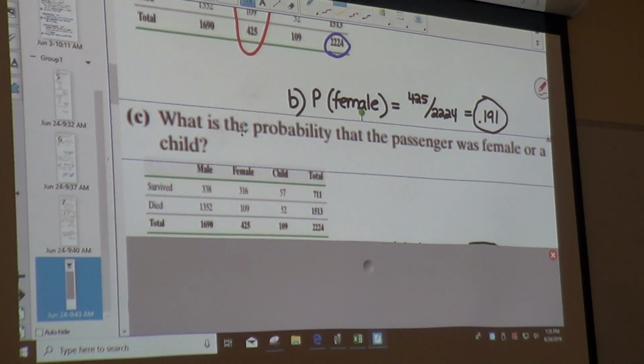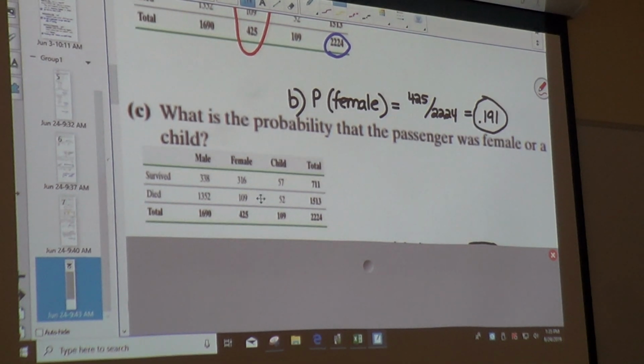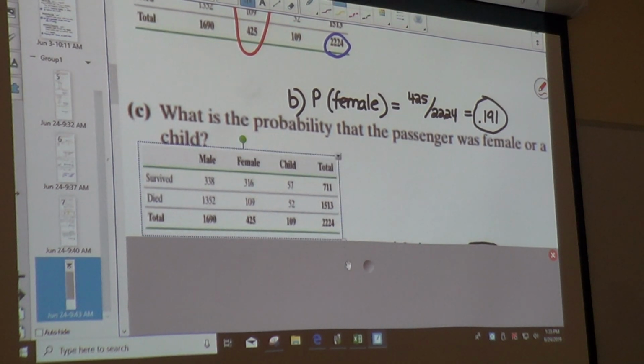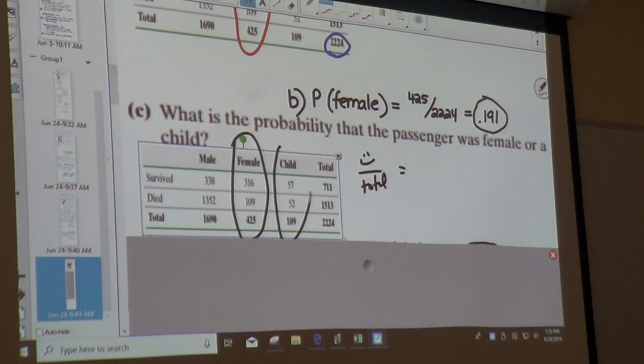What was the probability that the passenger was a female or a child? Female or a child? 425 plus 109 over 2224.